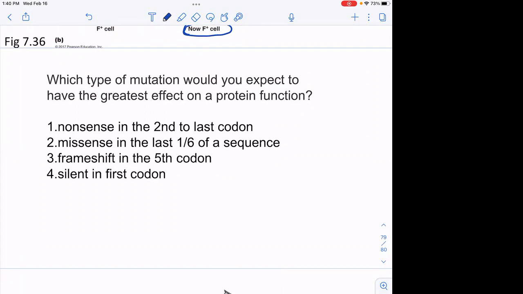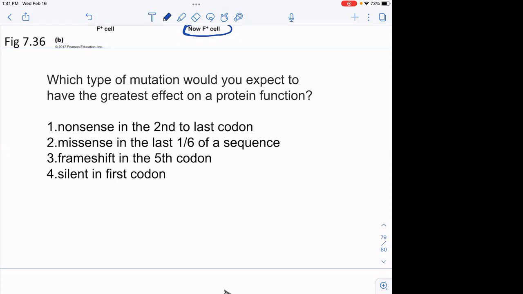You can discuss it with each other if you like. All right, let's see what you think, and this would be more fun, I know, with the clicker question.